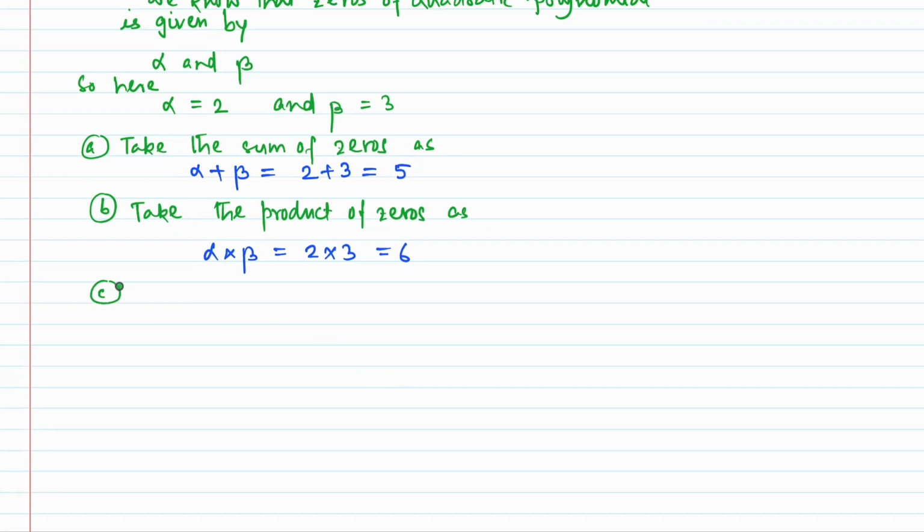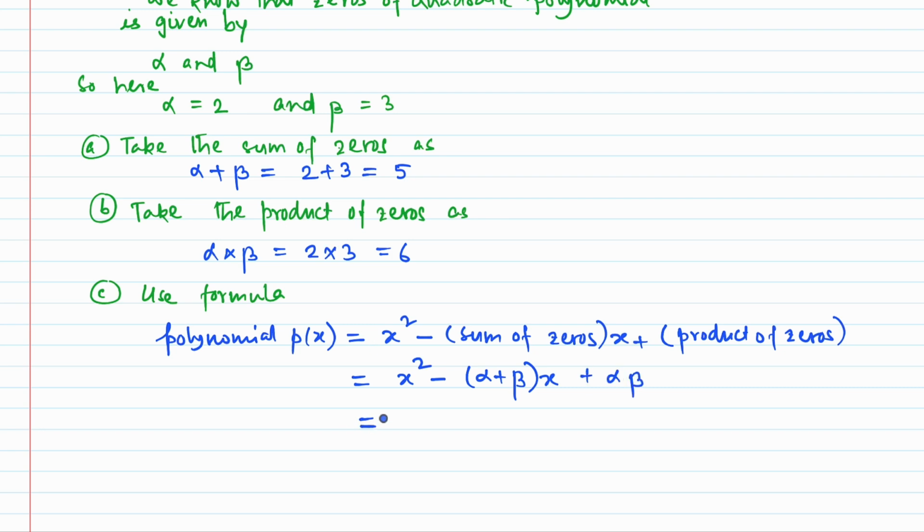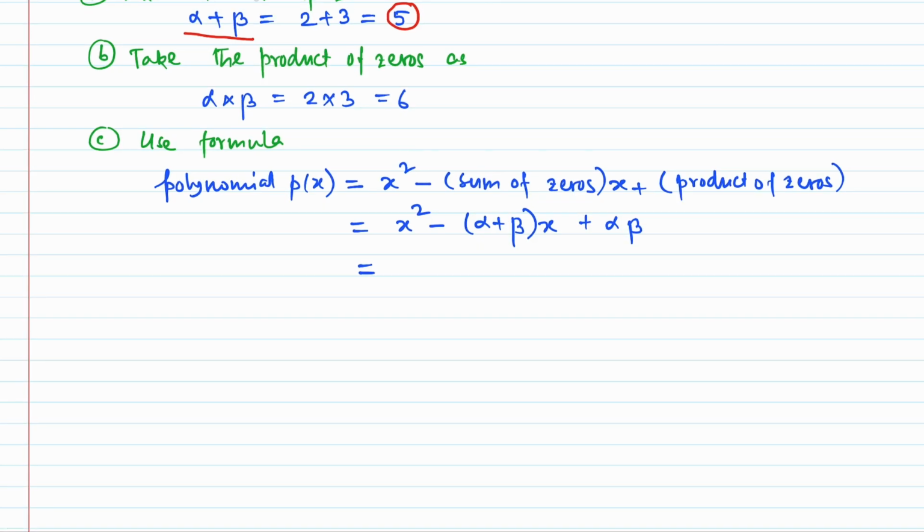Now we will apply the formula. So the polynomial p(x) becomes x square minus sum of zeros times x plus product of zeros, and we are putting the values: x square minus (alpha plus beta) times x plus alpha times beta. So alpha plus beta is 5, x square minus 5x, and alpha times beta is 6.